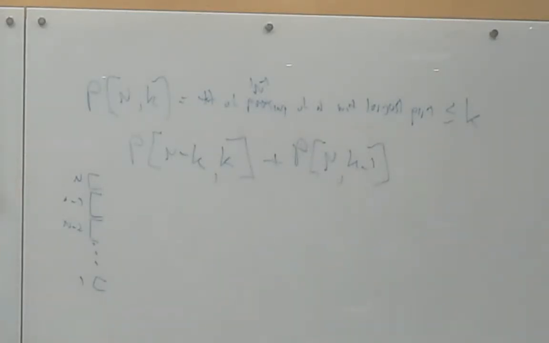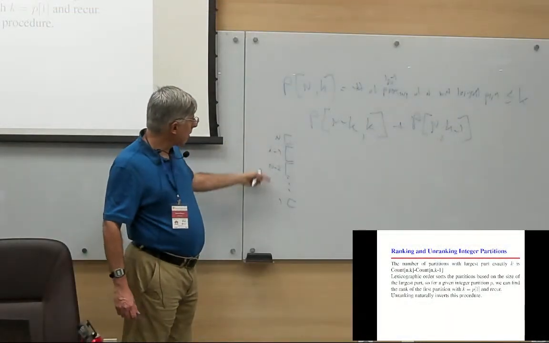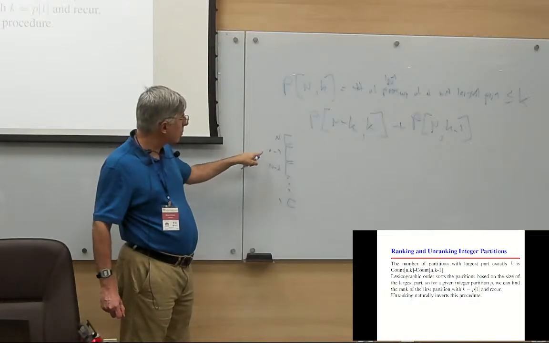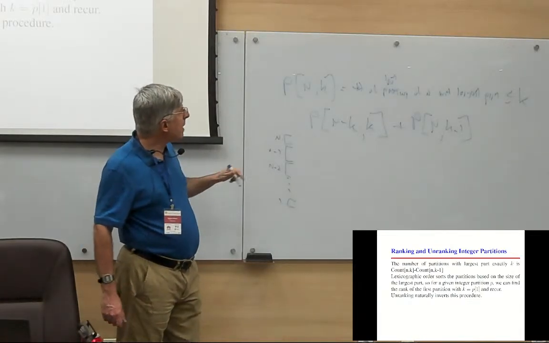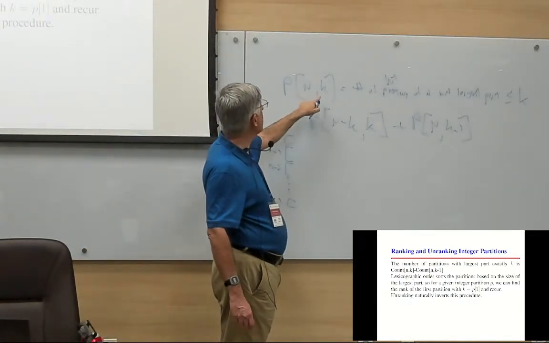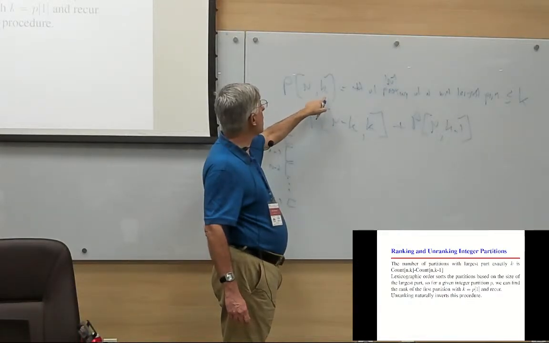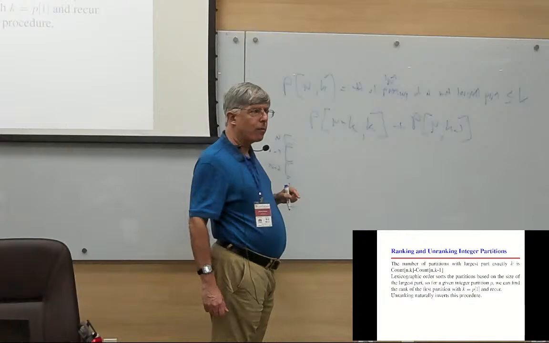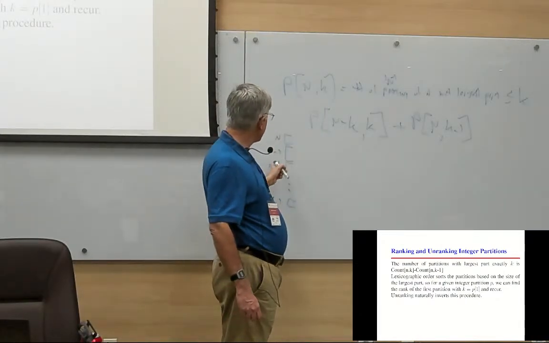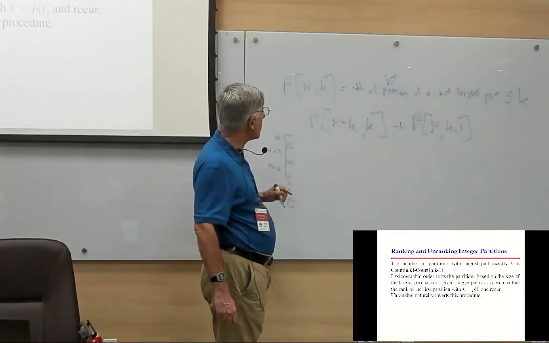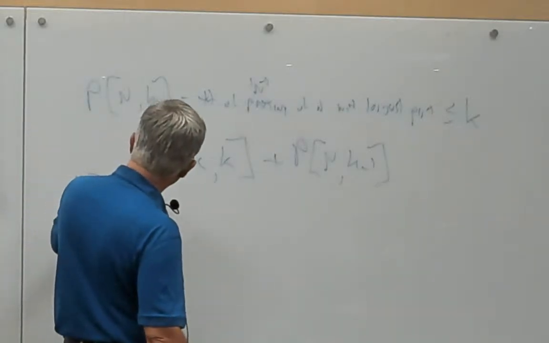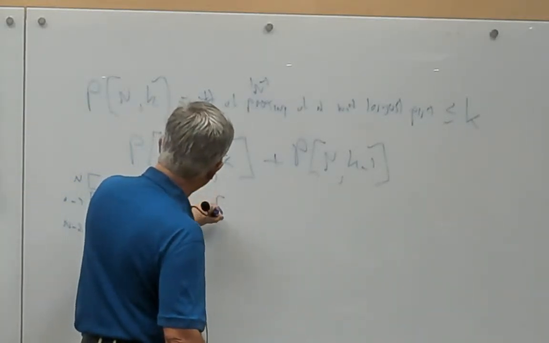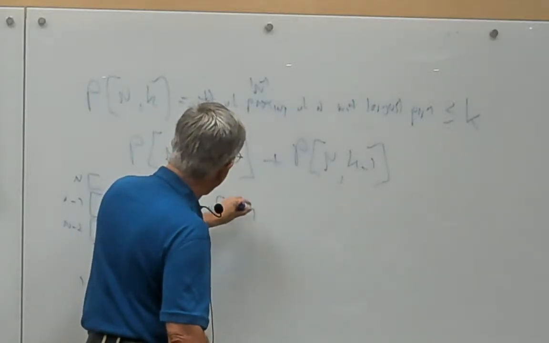n times, right? In general, for different values of k, how many partitions are there of n with largest part exactly k? That's going to be p(n, k) minus p(n, k minus 1).